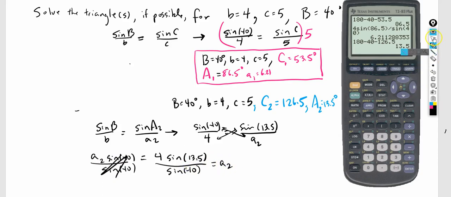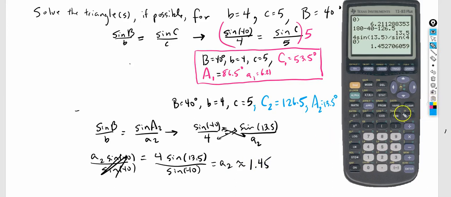And I just need to put this in my calculator now. So 4 times sine of 13.5 divided by sine of 40. Okay, and with sides, we take those to two decimal places. So that would be 1.45.